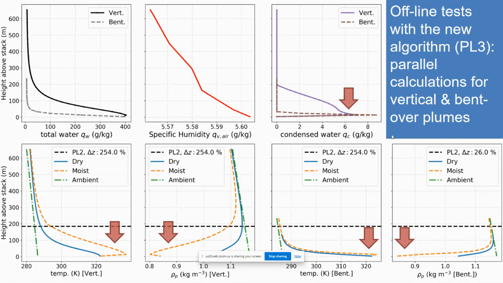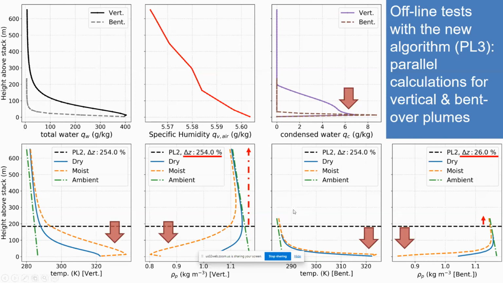For instance, in this case, we have condensation happening a few meters above the stack top. It releases latent heat that increases the temperature, results in a decrease in density and an additional rise for both cases. For the bent over case in this example, that results in 26% additional rise, compared to previous predictions.